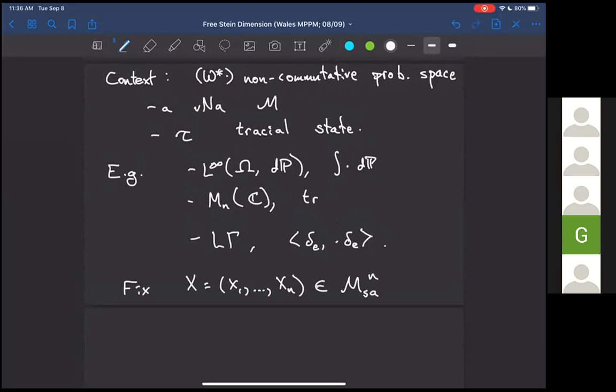Okay, and we think of these as, here goes my stylus. We think of these as non-commutative random variables. And the goal, broadly speaking, is to say, can we ask probabilistic type questions about X1 through Xn, about, say, their distribution, and from that learn interesting operator algebraic properties of the von Neumann algebra they generate?